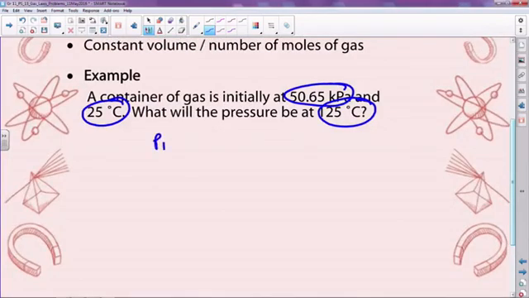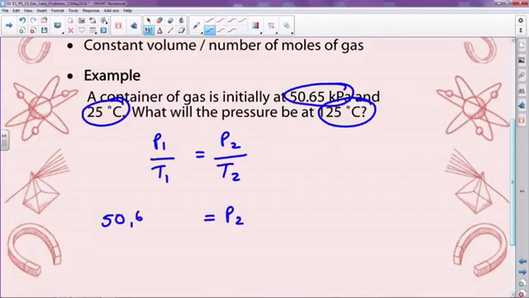So P1 over T1 equals P2 over T2. Okay, now I'm going to do the same thing as I did with the last example. I'm going to do my temperature conversion in my actual sum. Okay, I'm looking for P2. So P2 is going to be 50.65 multiplied by, in fact, you know what, let me not do it that way.